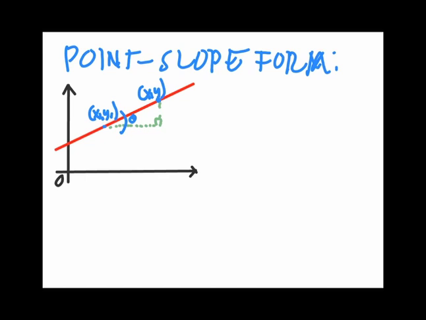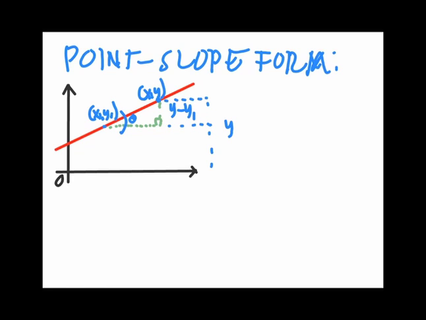Clearly, this opposite side of the angle theta, referring to this right triangle, is of course y minus y1. Why is that so? Of course, this distance here is y, and this smaller distance here is y1.